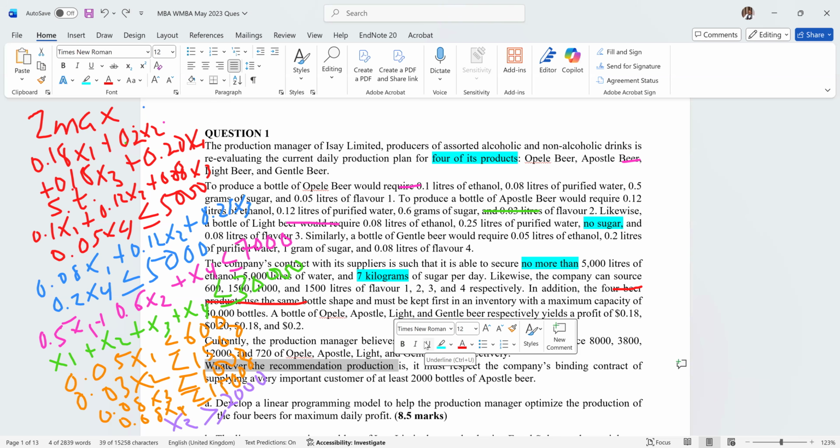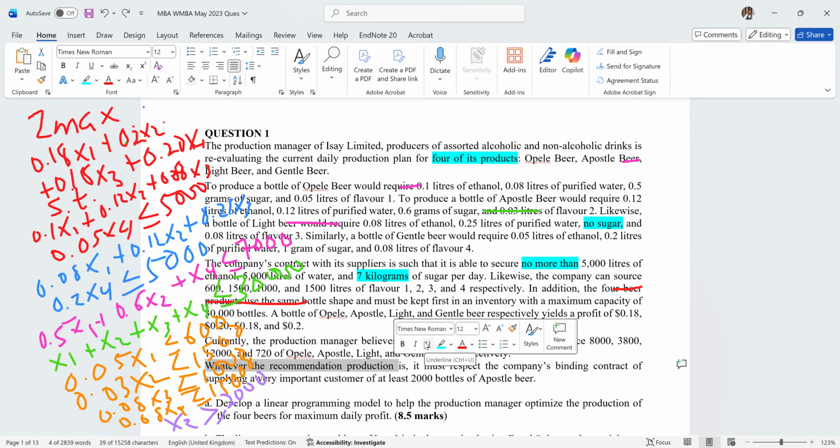So what he's trying to say is that no matter what, somebody wants Apostle beer a lot, and you cannot supply less than 2,000. You've got to respect that contract. And therefore, watch the words at least. At least is greater than or equal to. Yes, and Apostle beer is the second beer, which is X2. So this is a typical mixed constraint that was formulated for Apostle beer.